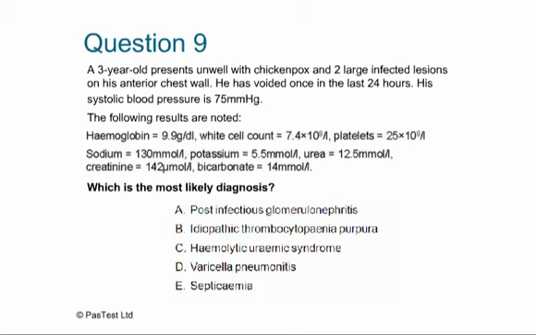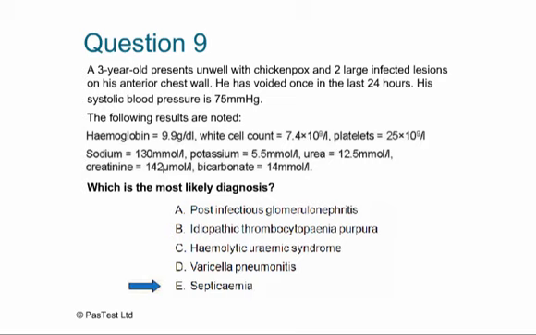The most likely diagnosis in this case is going to be E, septicemia. What you have is a 3-year-old who's got infected lesions following his chickenpox and is septicemic as a consequence of that. The things that would suggest that is that he's hypotensive, he's oliguric, he's got an elevated urea and creatinine, he's acidotic, and what we see is a low platelet count in a response to his septicemia rather than in response to HUS.